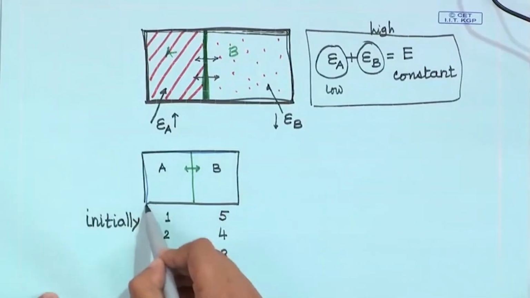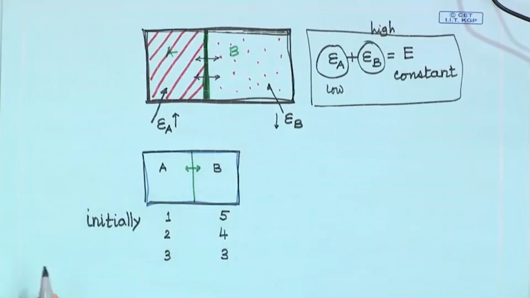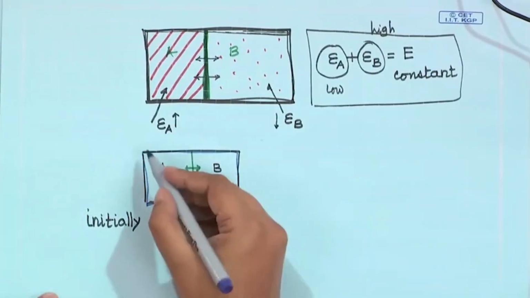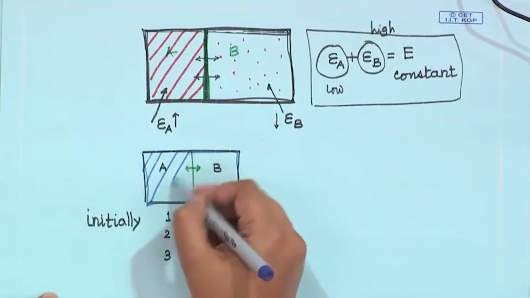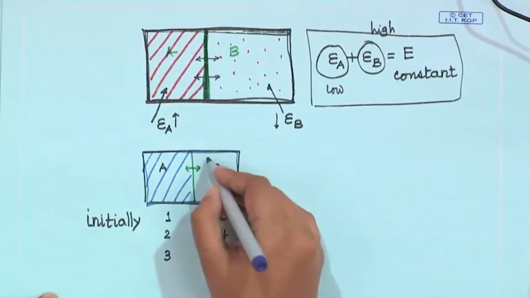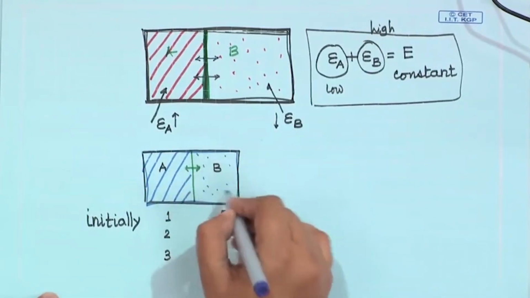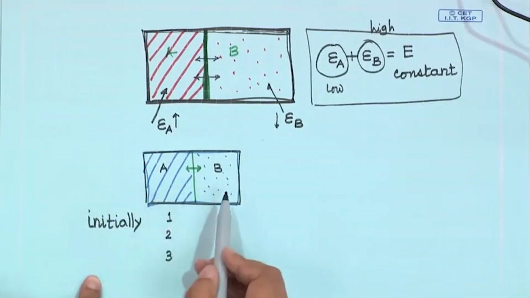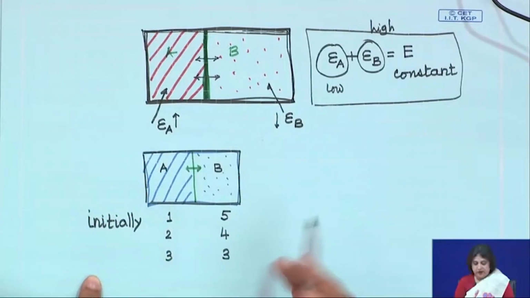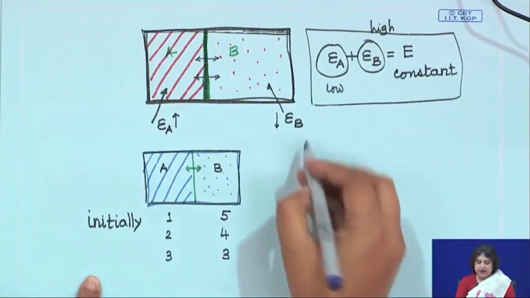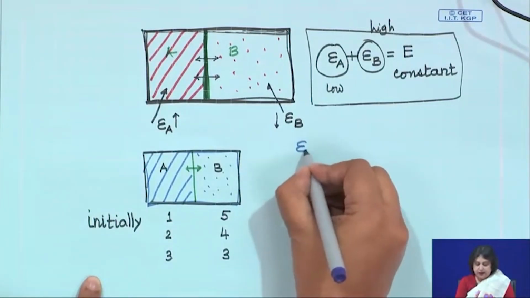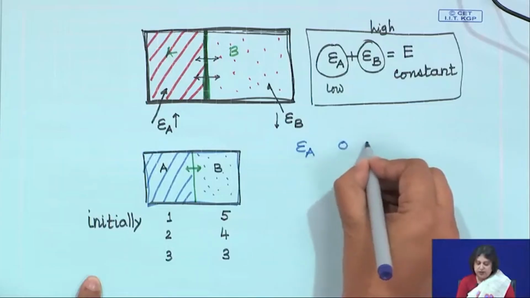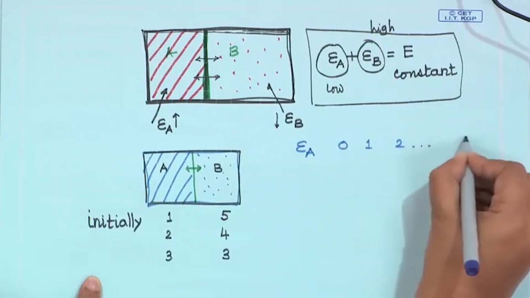Okay. So, what I had was, I started off with a block of solid, a macroscopic block of solid. Subsystem A is still macroscopic, subsystem B is still macroscopic, and I am saying that the energies epsilon A and epsilon B can have discrete quanta values, like epsilon A can have values from 0, 1, 2 up to 6.